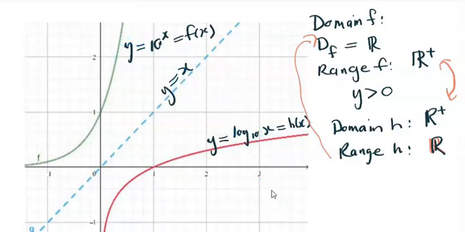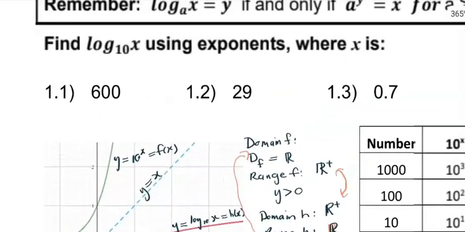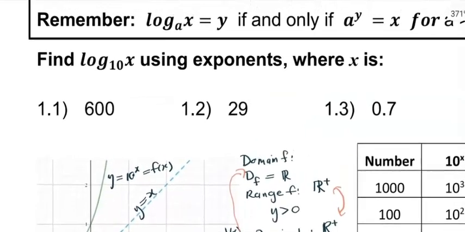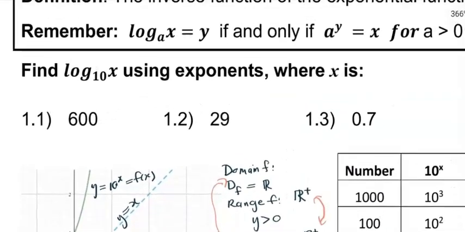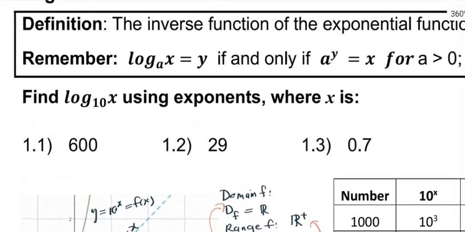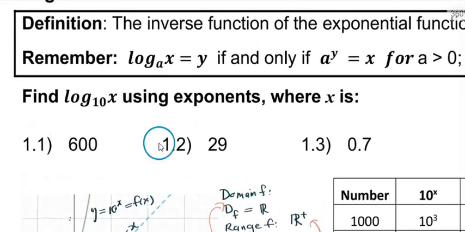In this exercise, I want to show you the relationship between the two by using exponents to find the logs of 3 different values. This is just an exercise to show you. We will rarely do it in this manner, but it's a good exercise to establish more or less what the value of a log is.